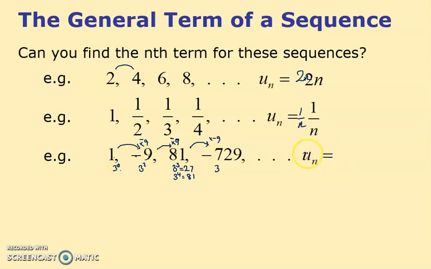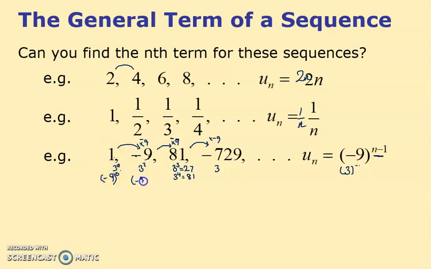Now, just notice what the answer is. Minus 9 to this power. So I was expecting this to be 3. This is what I was expecting the answer to be, 3 to the power of something. Turned out it was minus 9 to the power of something. Notice the power is actually n minus 1, because 9 to the 0 is 1. Well, minus 9 to the 0 is also 1.